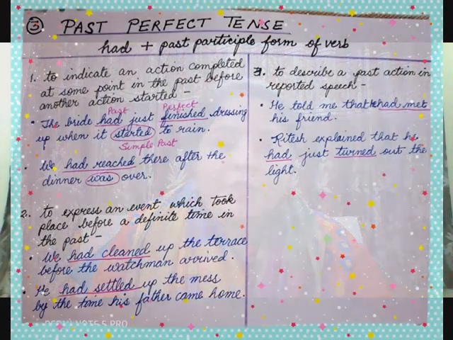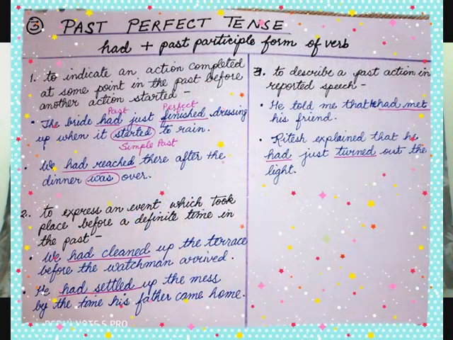Past participle form of verb, I have already told you in the first video. How do we create it? By adding d, ed, n, en or t to the base form of verb. And the auxiliary verb had is used both for singular and plural. So the formula of past perfect tense is had plus past participle form of verb.